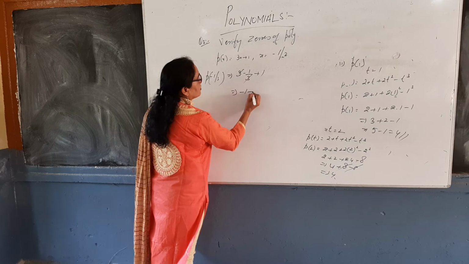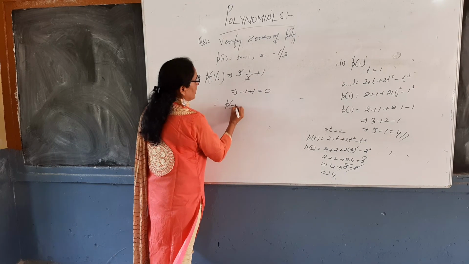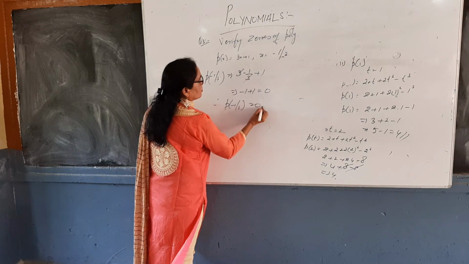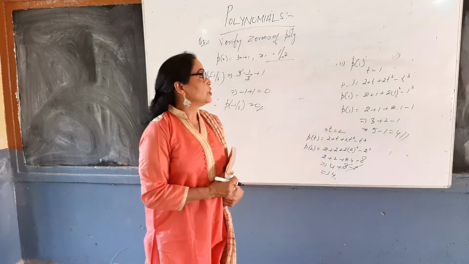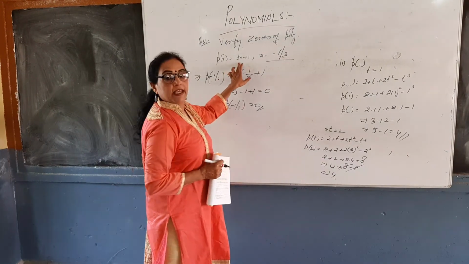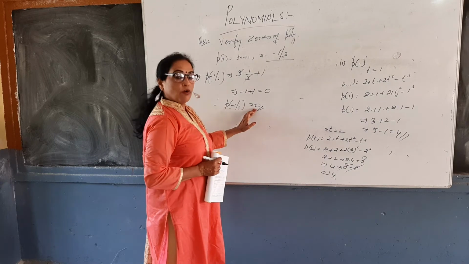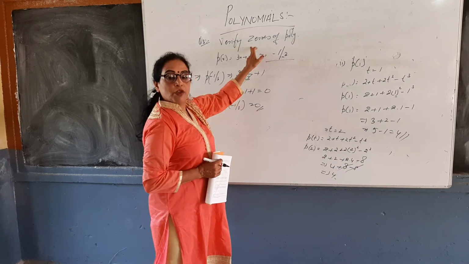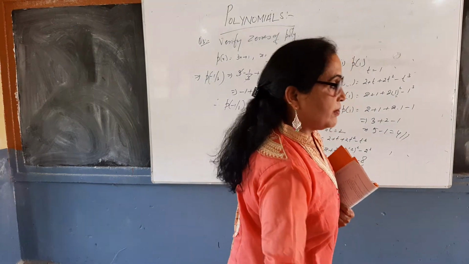So minus 1 plus 1 is 0. Therefore P of minus 1 by 3 is 0. So x equal to minus 1 by 3 is the zero of the polynomial 3x plus 1. Whenever you get Px equal to 0, that value is a zero of the polynomial. We will do one more.